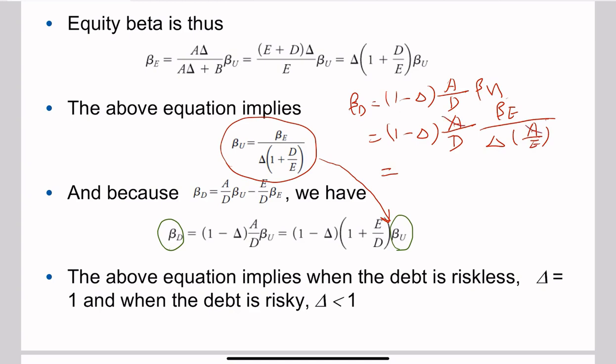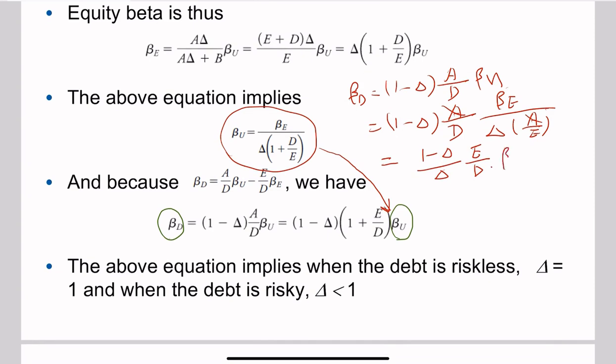So in the end, you will have 1 minus delta divided by delta, times E divided by D, and times beta E.